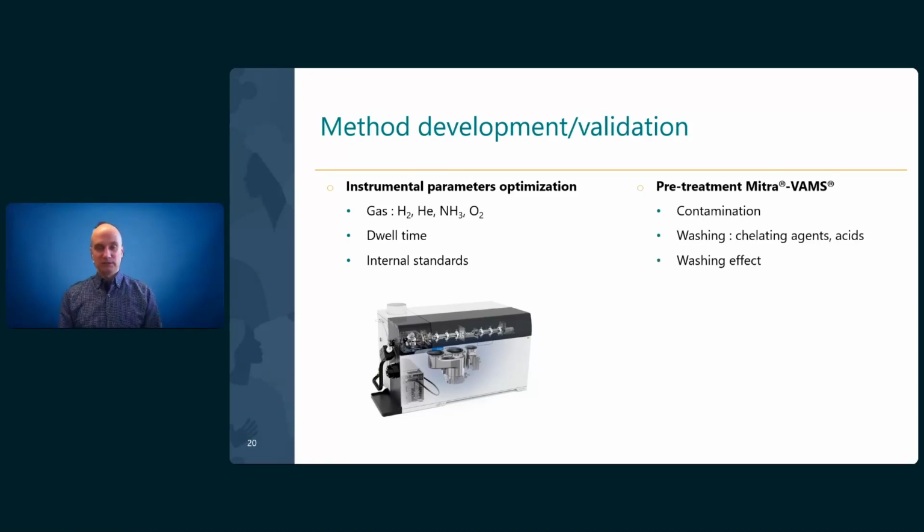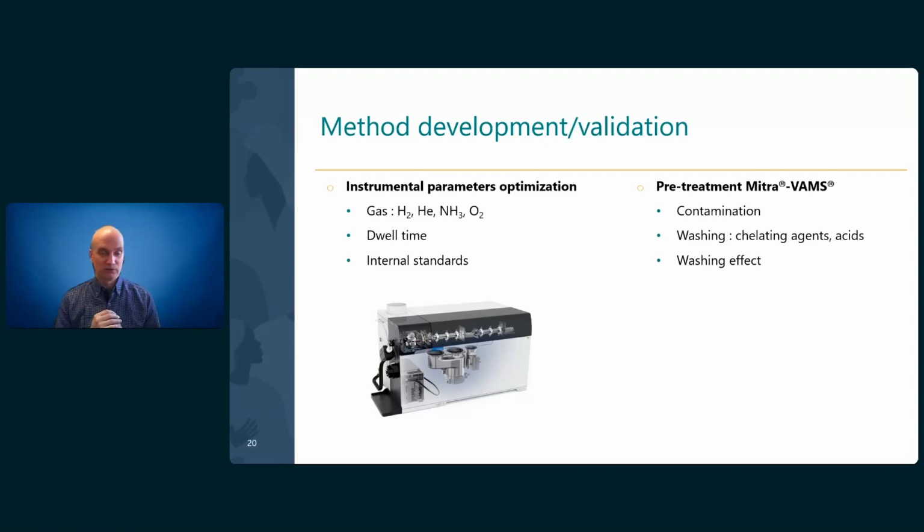We also checked on the Mitra VAMS contamination, so the pre-treatment of the Mitra VAMS. And yes, we figured out that for some elements there is a kind of contamination. We tried 2 different approaches, chelating agents or acid to get rid of those contaminants. For some of them it works very well, for others less.